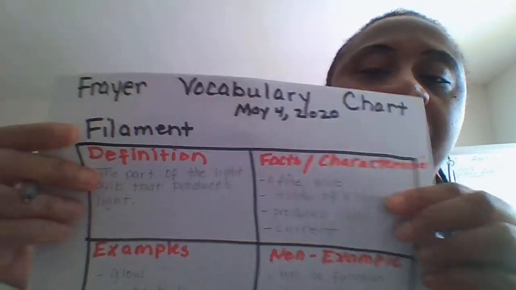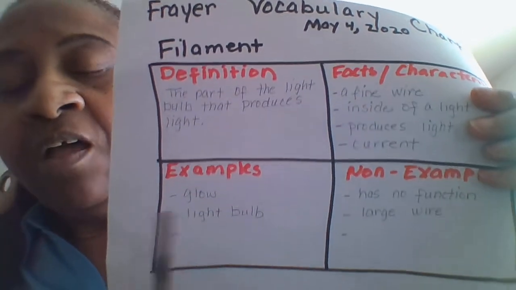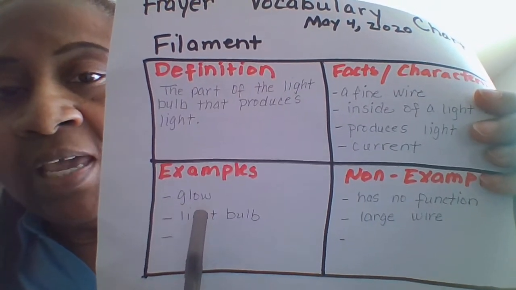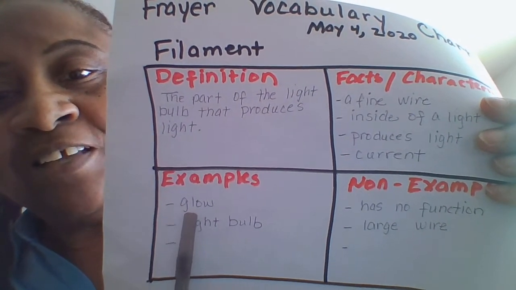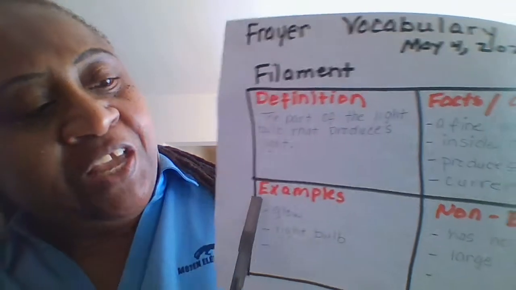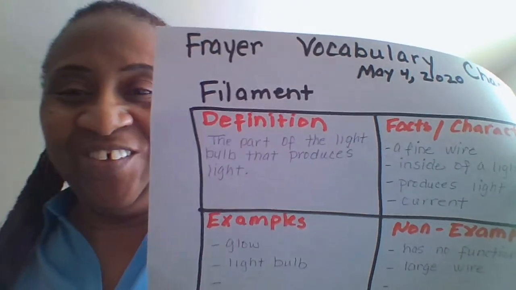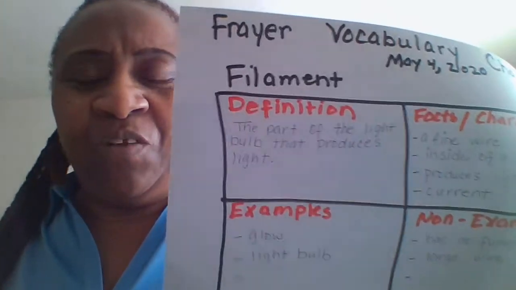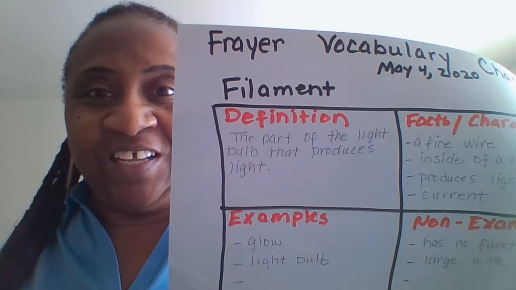Now, let's look at my examples. My first example is, what does that say? I'm looking at it backwards, so I'm going to have to peep around. Okay, an example is a glow. So when you think of light, you think of glow or something that shines.